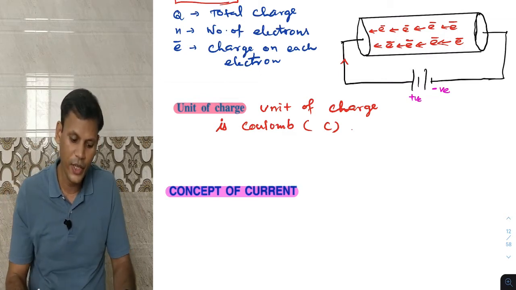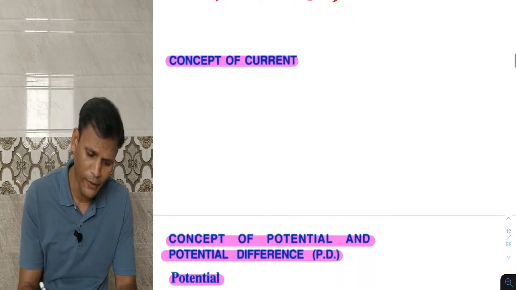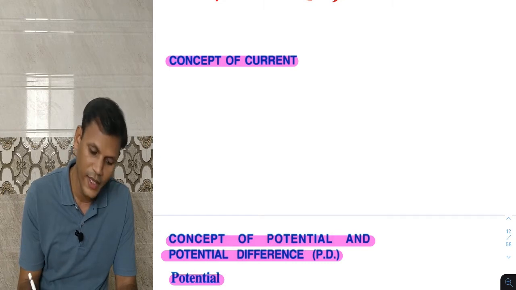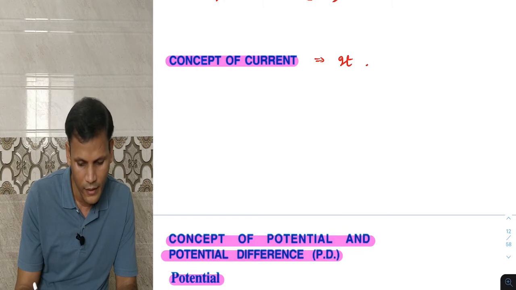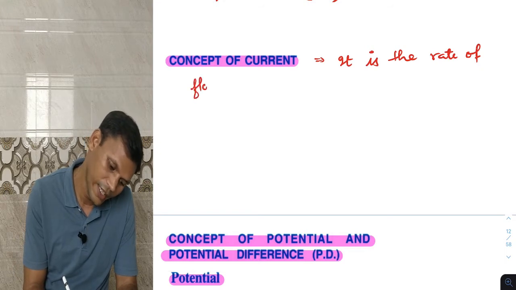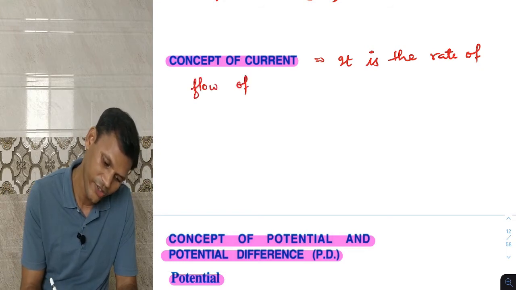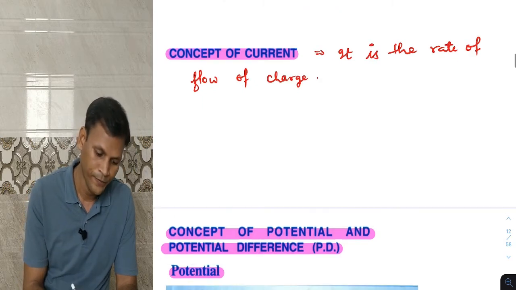So we'll write the concept of current. What is the current? It is the rate of flow of charge, by definition.